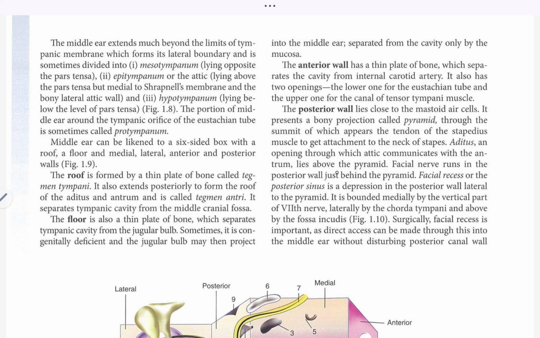The facial recess or posterior sinus is a depression in the posterior wall lateral to the pyramid. It is bounded medially by the vertical part of the cranial nerve 7, laterally by the chorda tympani, and above by the fossa incudis. Surgically, the facial recess is important as direct access can be made through this into the middle ear without disturbing the posterior canal wall.